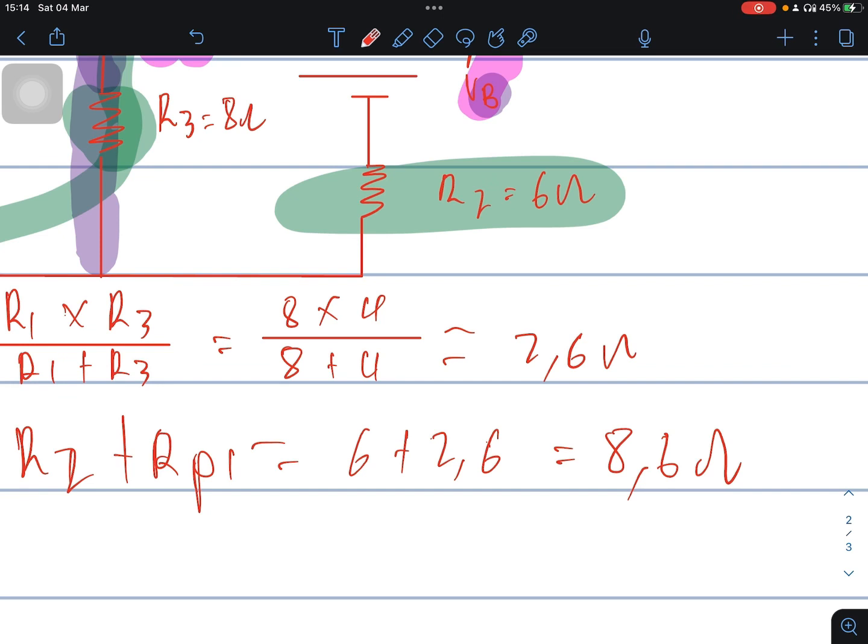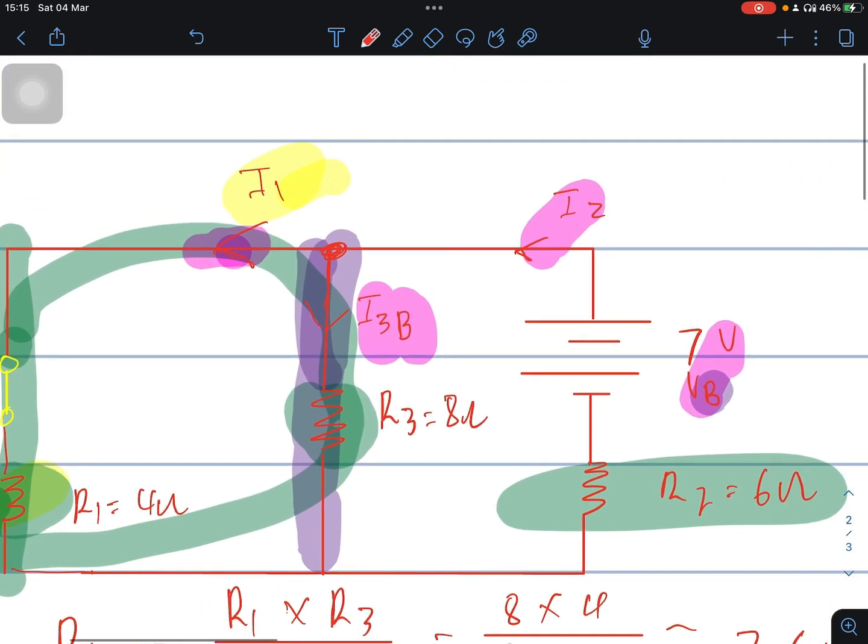Now that we have found the total resistance, we can find the total current, which is I2.